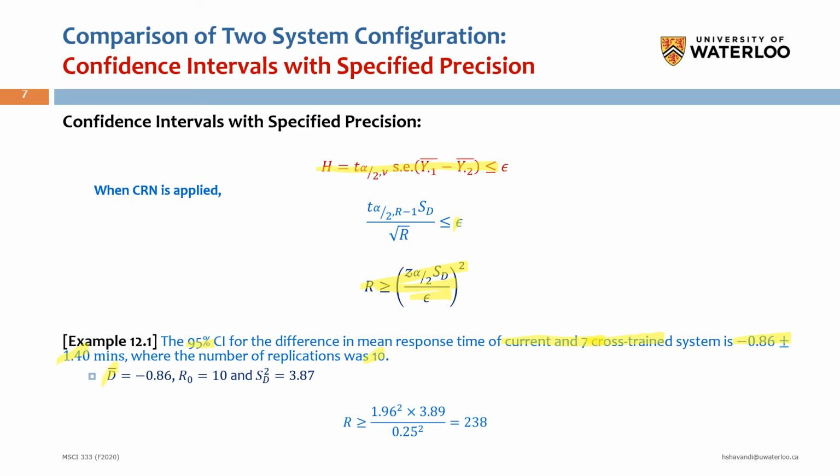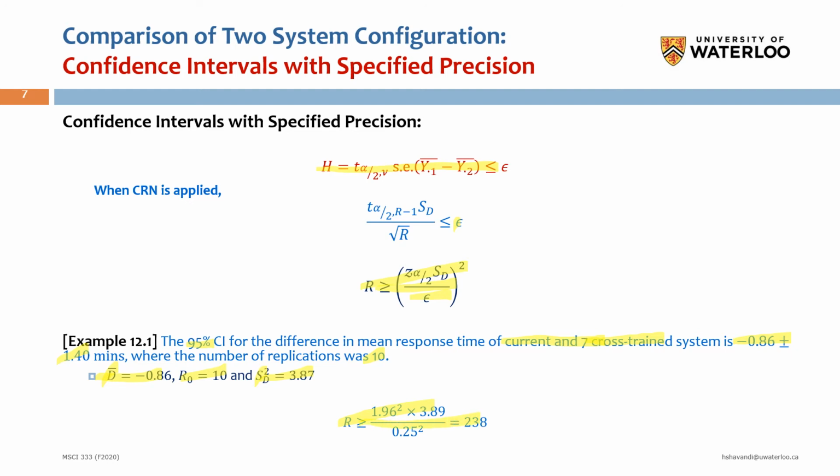So the D bar here is minus 0.86, R0, the initial number of replications, is 10, and the sample variance is 3.87. Okay, so we can obtain the value of R, the required number of replications, by the equation that we have here.